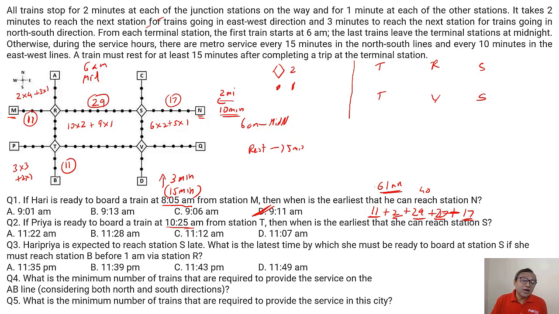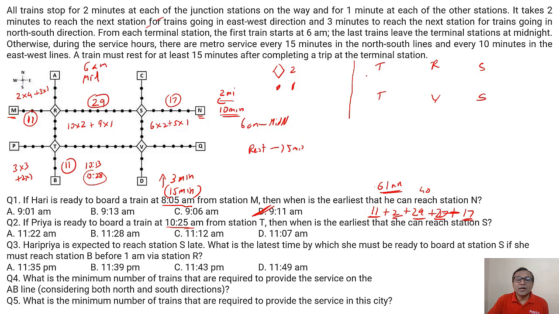If it starts at 10 o'clock, you can leave T at 10:13, because of 11 minutes to travel to T and 2 minutes stoppage at T. So you can leave at 10:13 or 10:28 and so on. Since I'm ready to board at 10:25, I'll catch the 10:28 train at T.